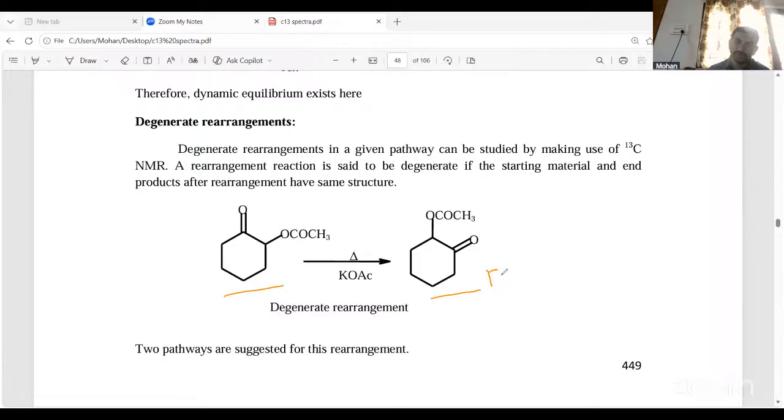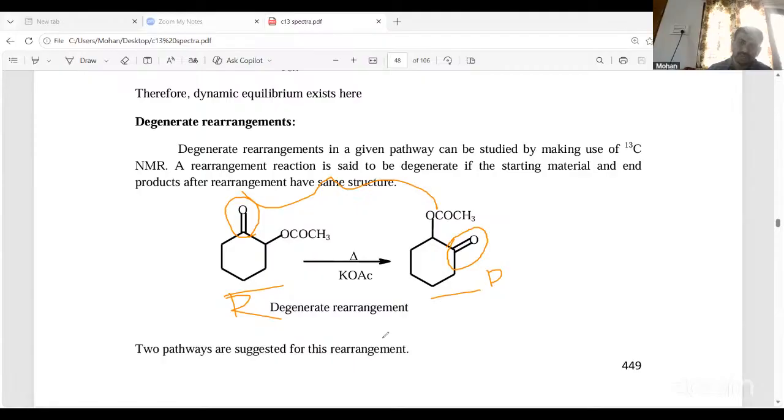This is your product here, and this is your reactant, right? So you see, both compounds have the same structure, right? These two are the same here. Both are the same, but the only thing is that the position of the carbonyl is going to change.